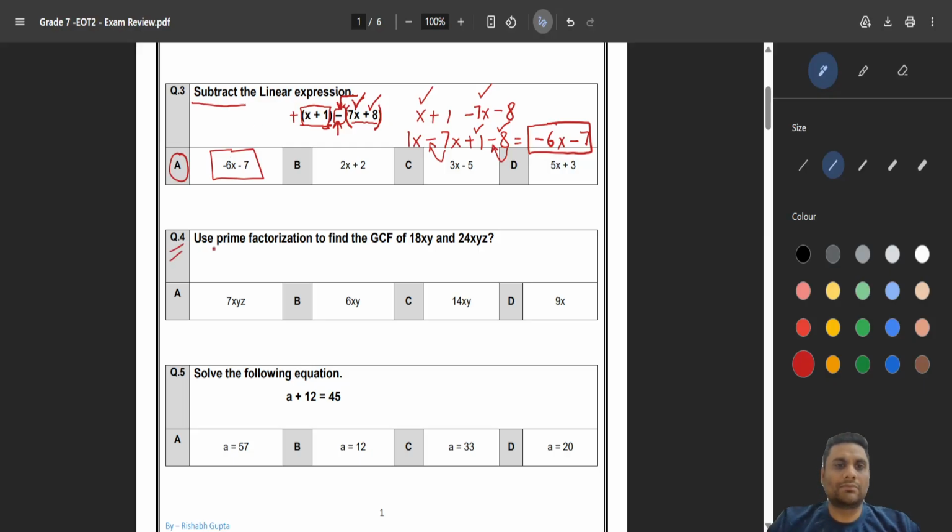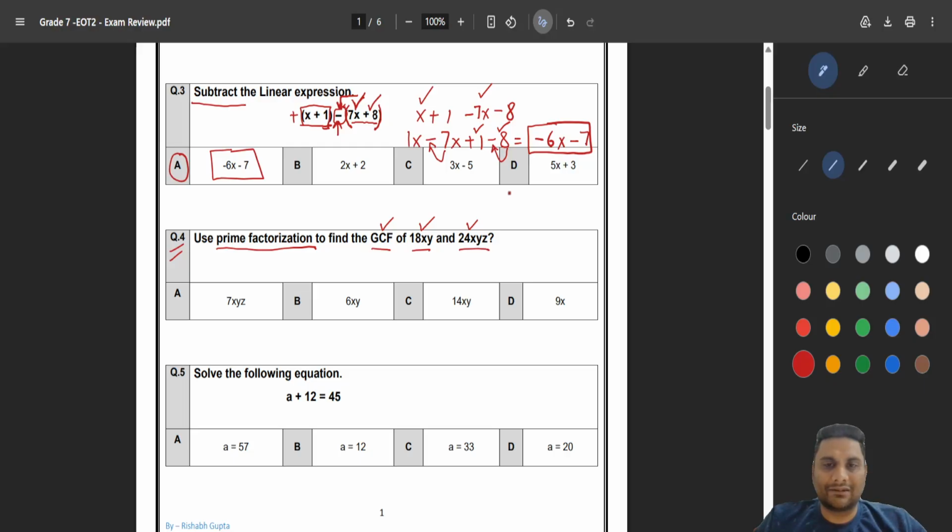Question number 4. Use prime factorization to find the GCF of 18xy, 24xyz. What does it mean? GCF means we have to find the biggest number which can divide 18xy and also 24xyz. How will you do this?